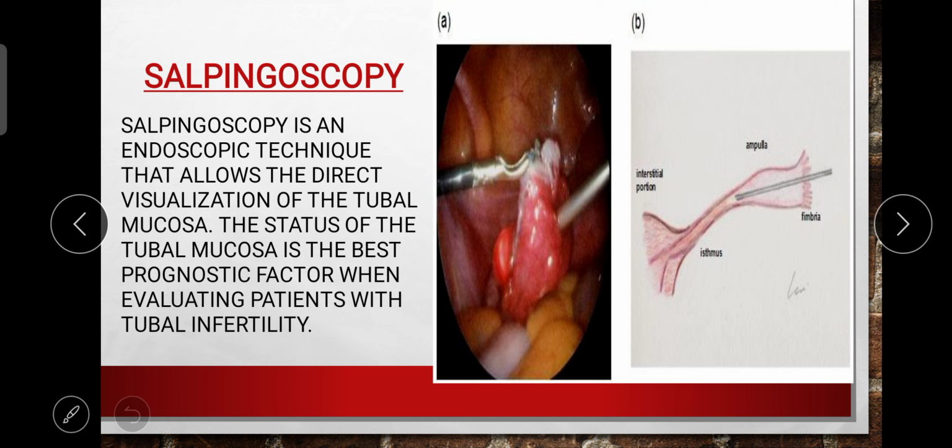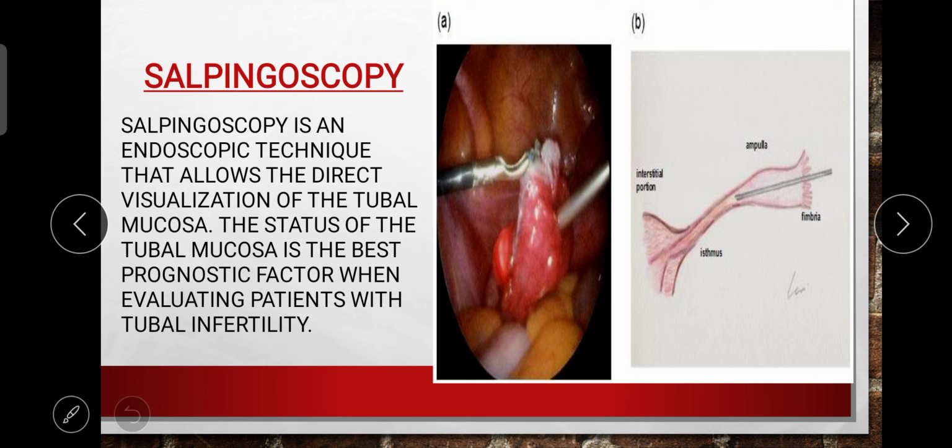Salpingoscopy. Salpingo means fallopian tube. Salpingoscopy is an endoscopic technique that allows direct visualization of the tubal mucosa of the fallopian tube. The status of the tubal mucosa is the best prognostic factor when evaluating a patient with tubal infertility.